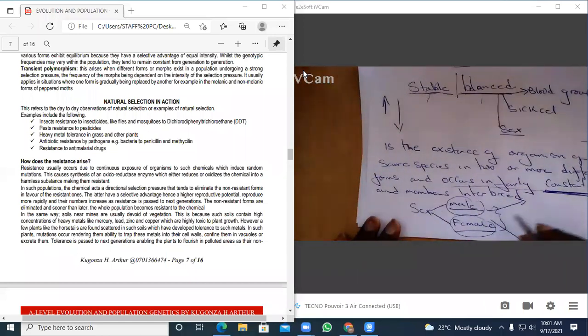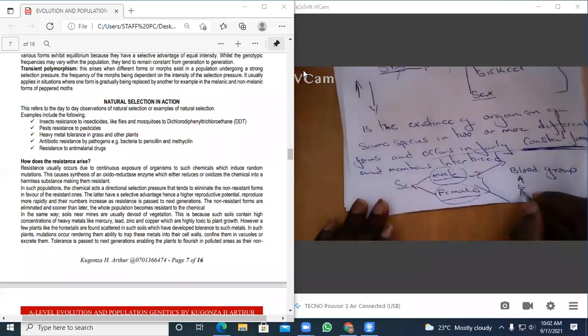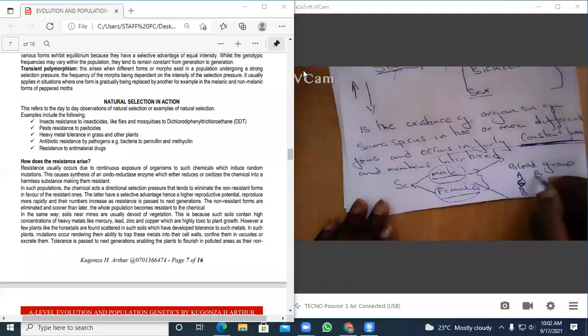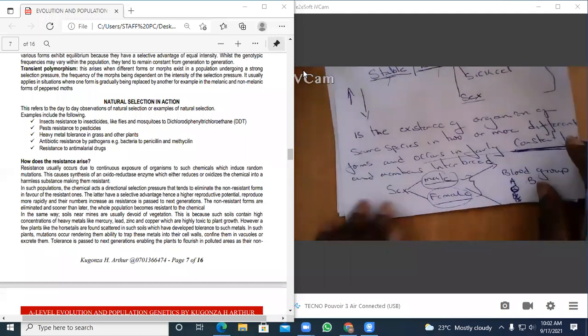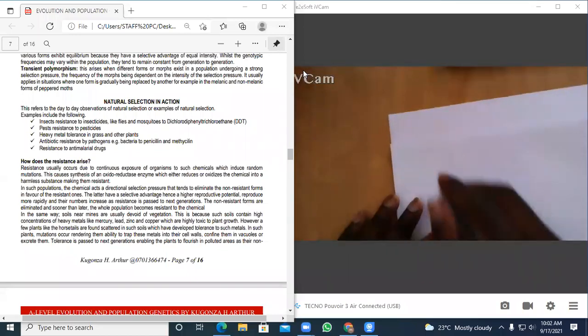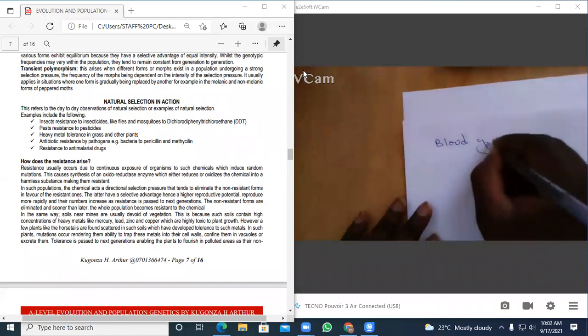Another example I can use is blood group.